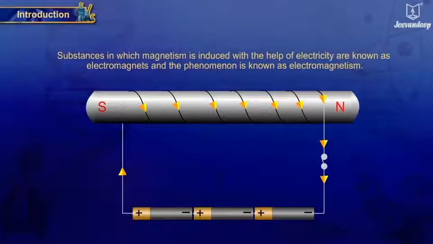Substances in which magnetism is induced with the help of electricity are known as electromagnets, and the phenomenon is known as electromagnetism.